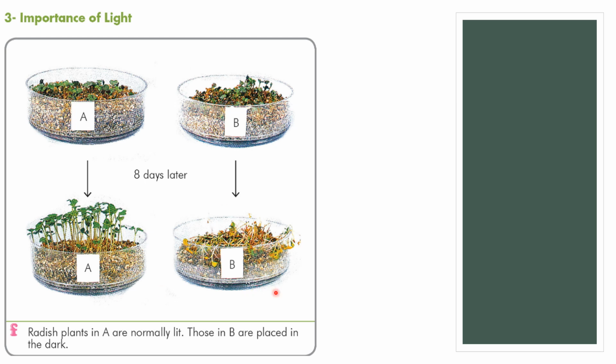So this shows that sunlight is important for the normal development of the green plants.